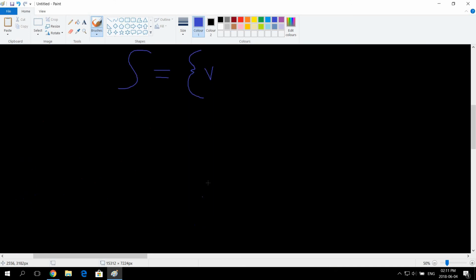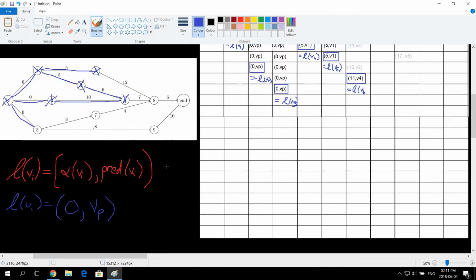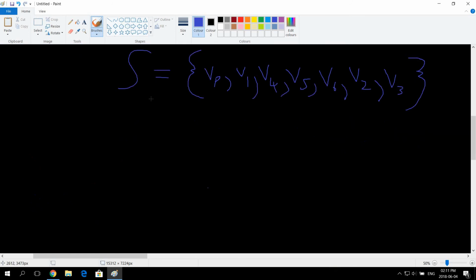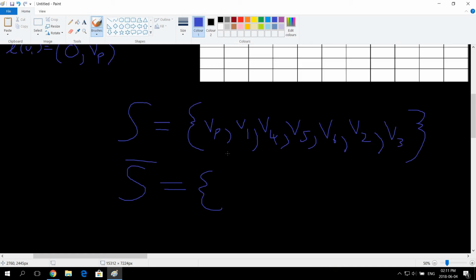So you got VP, you got V1, V4, V5, V6, V2, and you got V3. And that is all the things we have in the sample graph.